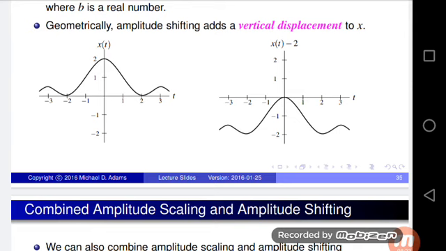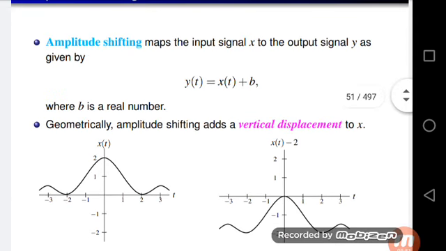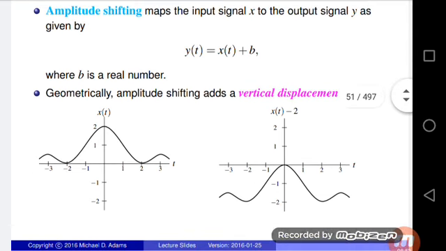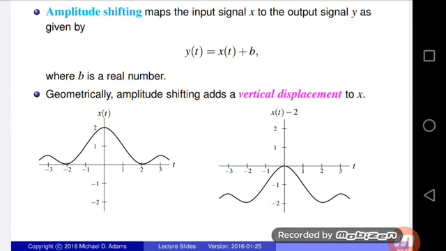That means in amplitude shifting, when we change the values of x, the amplitude will be shifted. In the first diagram, the amplitude is shifted to the upper side, and the second diagram represents the amplitude shifted to the lower side.